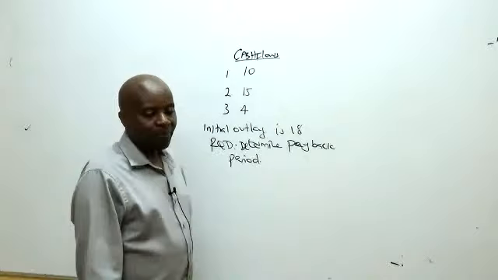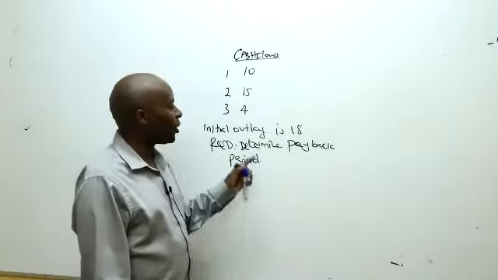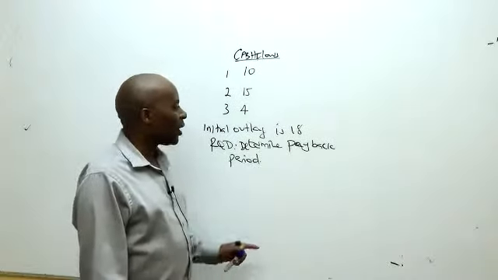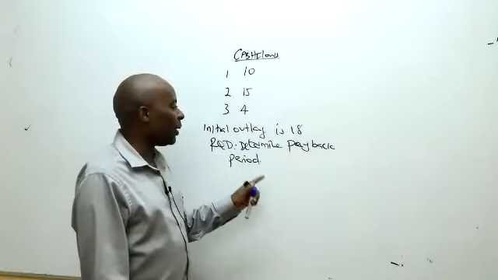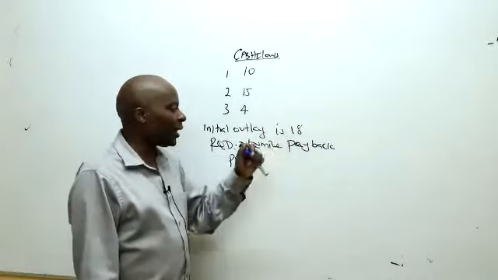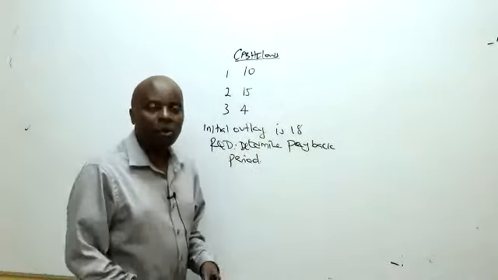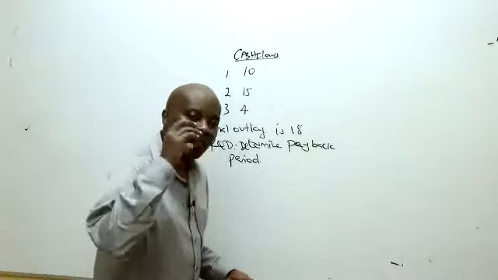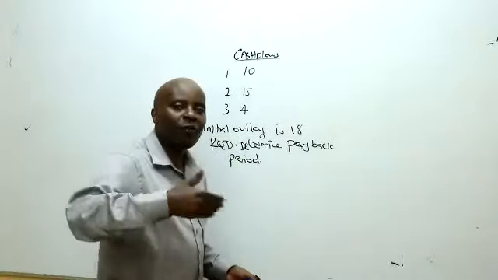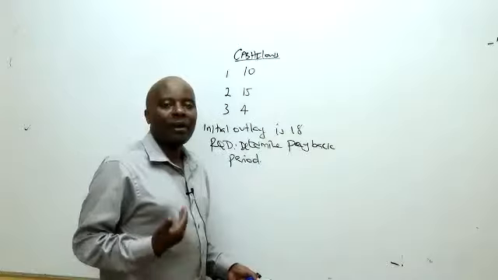So step number 1, if you get this kind of question where the examiner tells you to determine the payback period, the first thing you need to know is the meaning of the word payback. Today I'm investing 18, perhaps 18 million. I would want to know how long it will take the project to give me back my money.